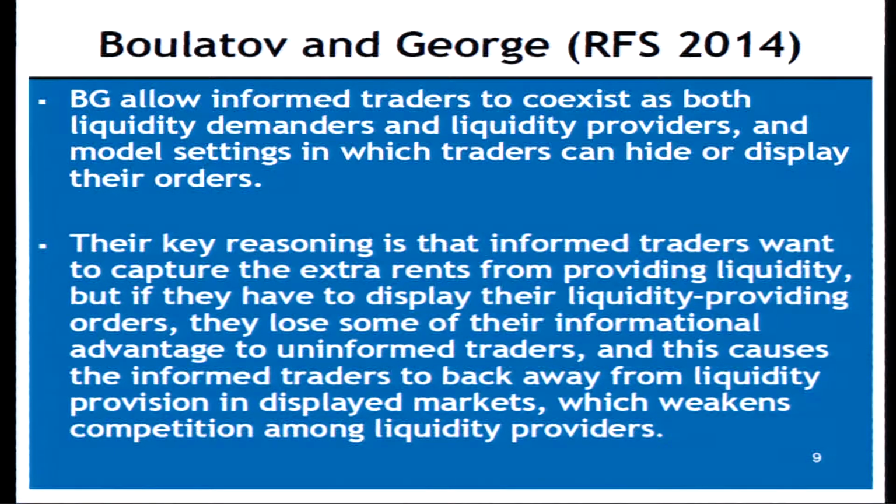It allows informed traders to coexist as liquidity demanders and providers in a setting where traders can both hide and display their orders. And their key reasoning is that informed traders want to capture the extra rents from providing liquidity because that's revenue. But if they have to display the liquidity providing orders, they lose some of the informational advantage to uninformed traders, and this causes them to back away from liquidity provision in displayed markets, which weakens the competition among liquidity providers.